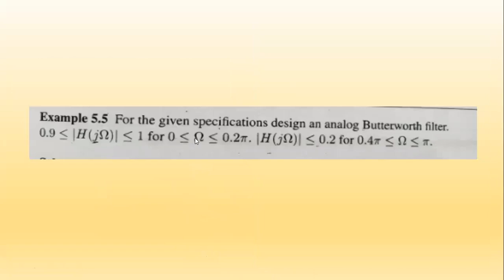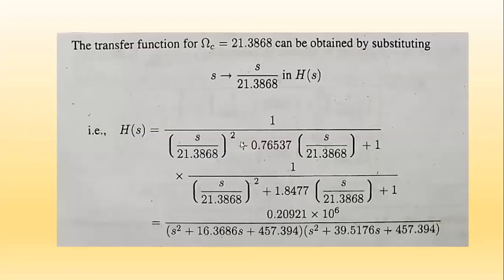The ideal diagram is 1, and below that it is given 0.9. This 0.9 represents the value at 0.2 pi. It is mentioned here in the diagram, or when we are drawing the diagram.